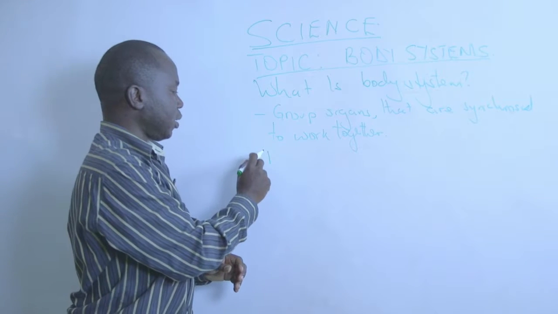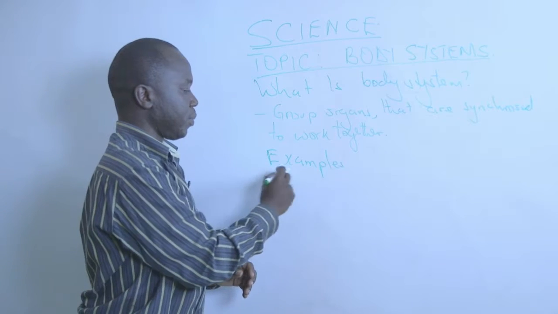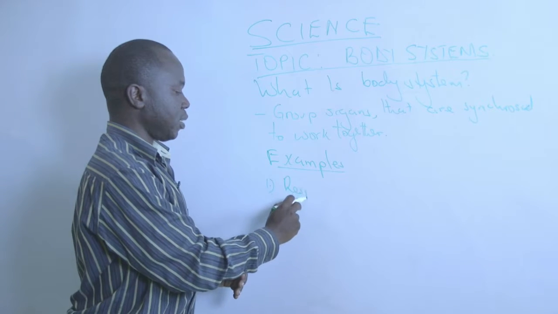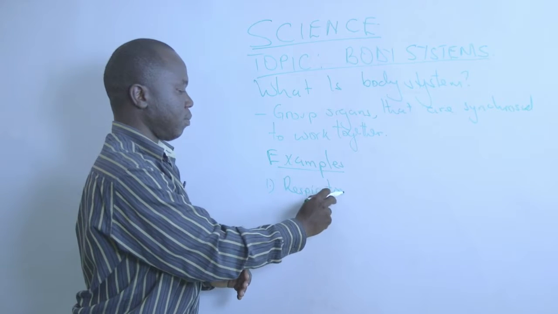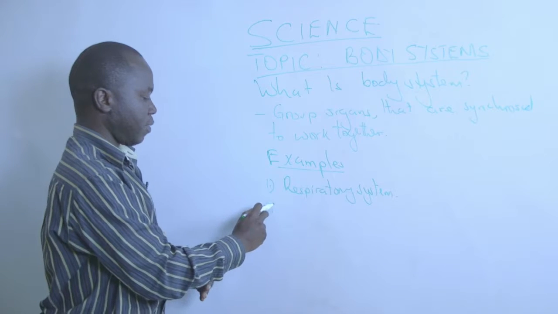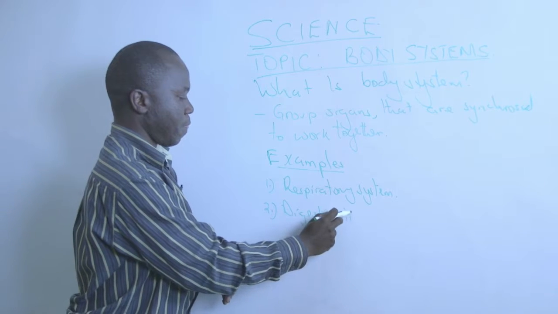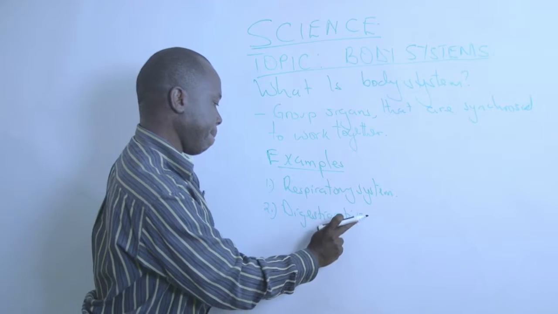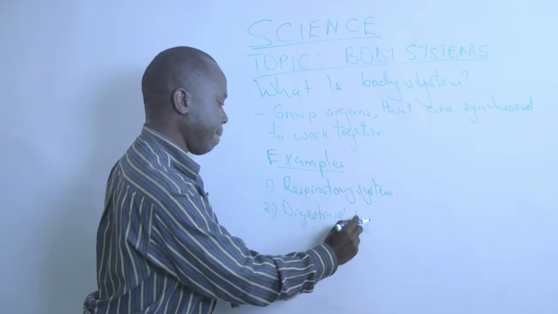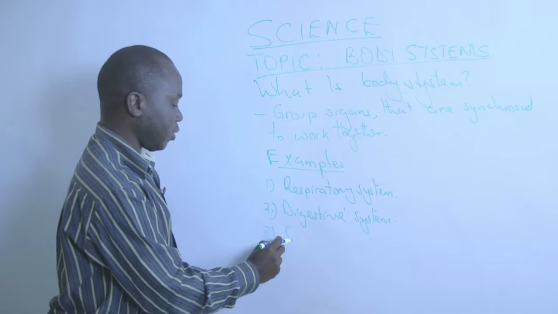So we are going to look at examples of body systems that we shall deal with. One of them is the respiratory system. Two, the digestive system. Three, the circulatory system.